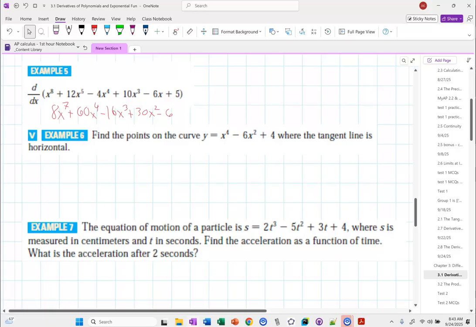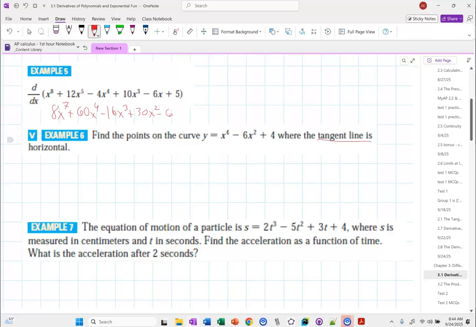All right. Next example says, find the points on the curve where the tangent line is horizontal. That means the slope is 0, right? That means that the derivative is 0, right?